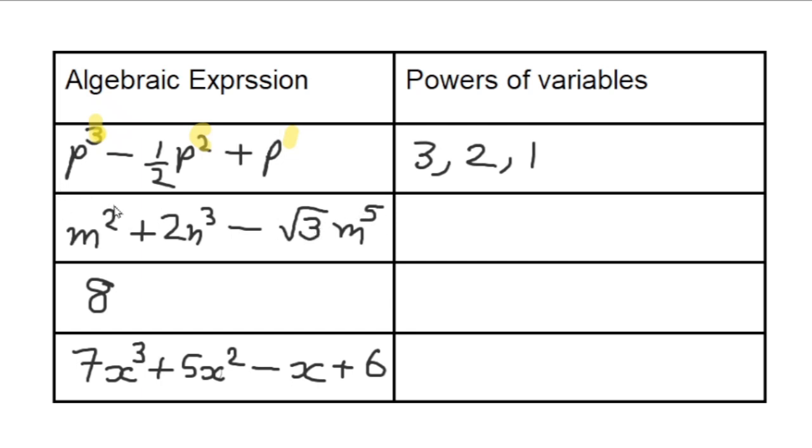The power of m square is 2, the power of 2n cube is 3, and in minus root 3 m raised to 5, the power is 5. The power of the variable m is 2; in the second term, the power of the variable n is 3; and in the third term, the power of the variable m is 5.